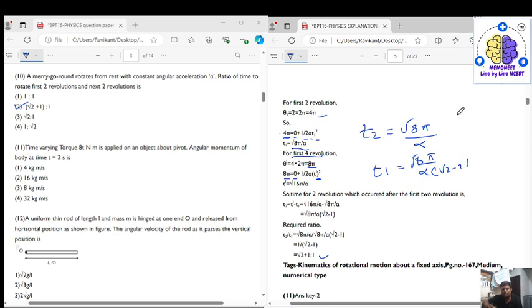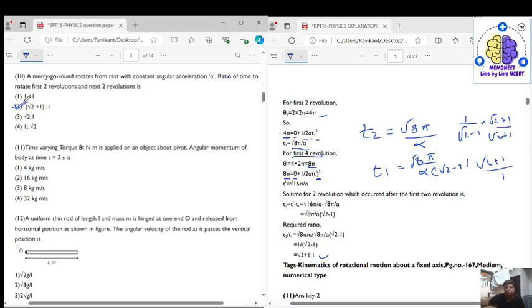So finding the ratio, we will get 1 upon root 2 minus 1. Rationalizing it, that is multiplying with root 2 plus 1 upon root 2 plus 1, we will get root 2 plus 1 upon 1. So the ratio is root 2 plus 1 is to 1. So the correct answer is option 2.